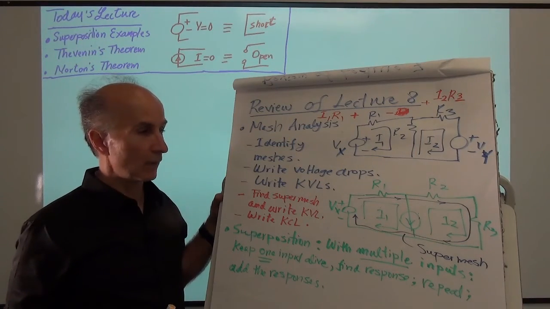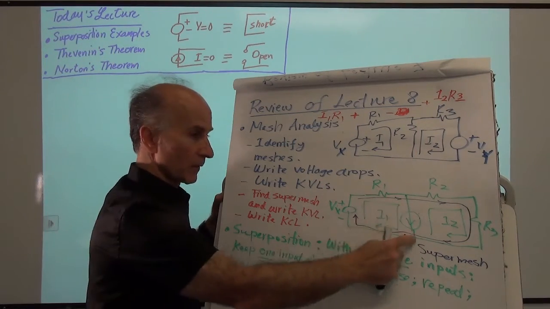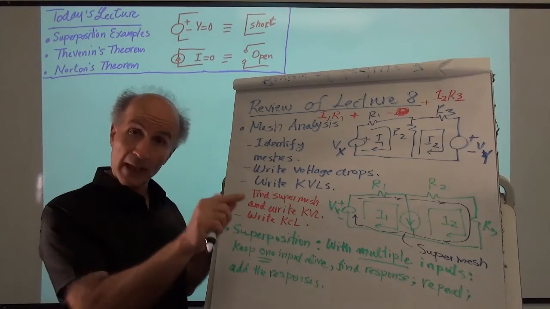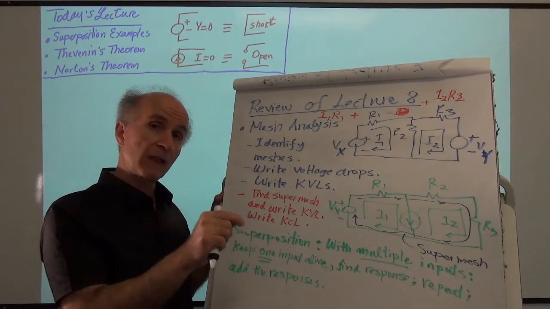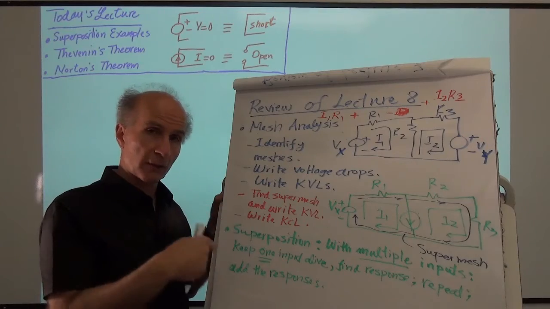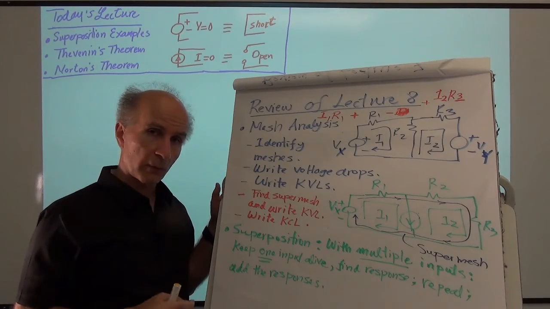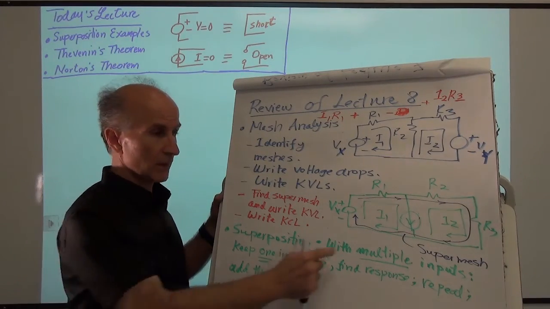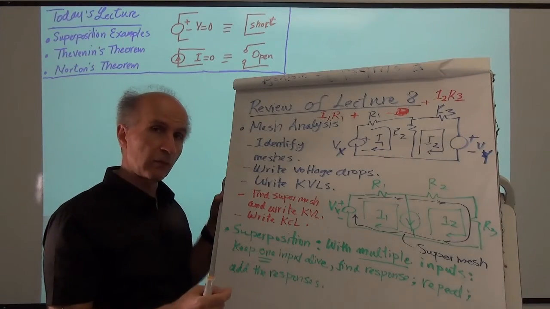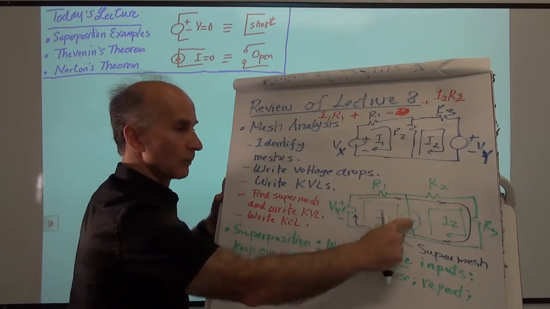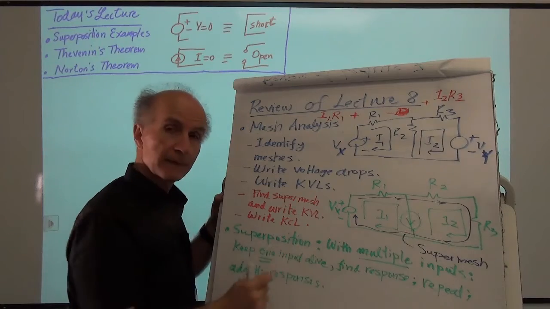One exception arises if we have a current source in the circuit. In node analysis, we remember that voltage sources gave us trouble. Here, current sources give us trouble. So the way we deal with this is that we say this current source is shared at most between two meshes, right? It cannot be more than that.